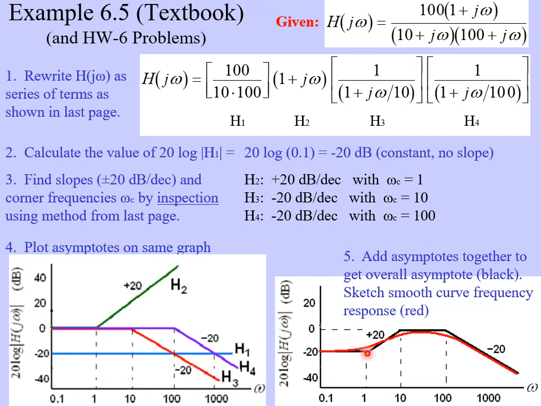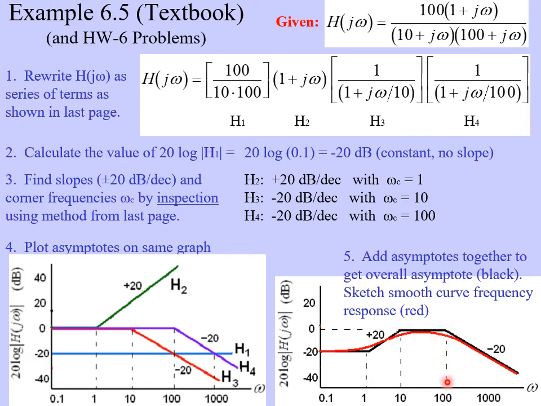So once I get to this corner at 1 radian per second, I go up at 20 decibels until I get to the next corner, which is right here. And now this -20 cancels this +20 up here. So the result is 0 slope. So once I get here, I just go straight across with 0 slope.